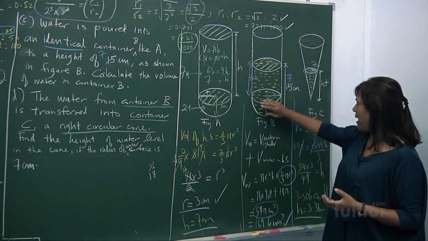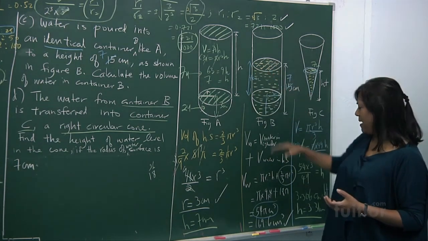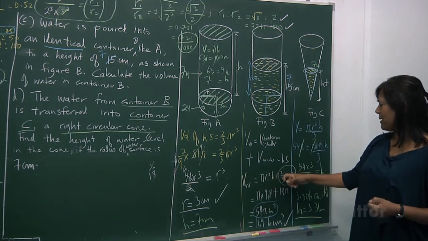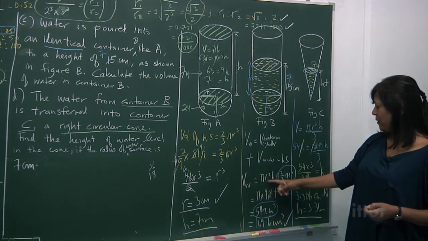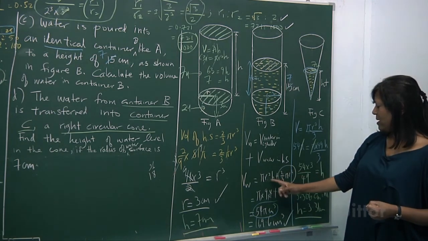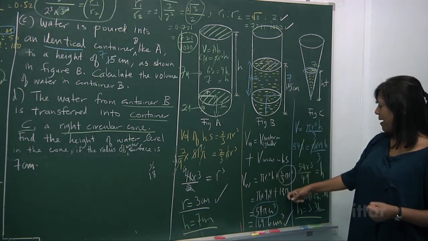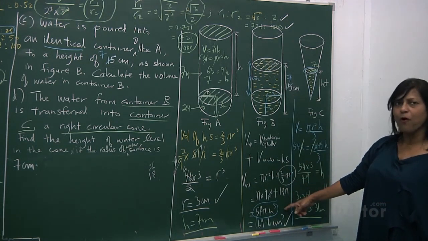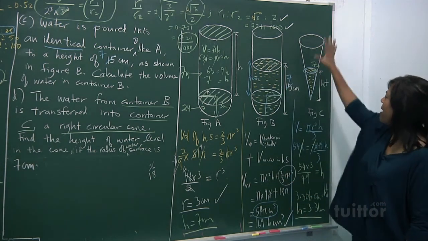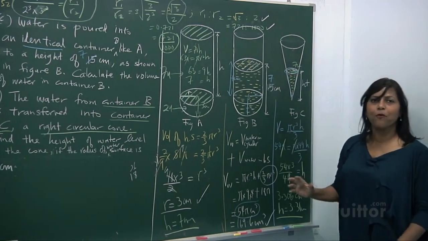So all we need to do is find this volume and add pi r squared h plus 2/3 pi r cubed, and we've got this beautiful answer. Radius 9 times 4, the height, 36 pi plus 18 pi, 54 pi, and that 54 pi is poured in here. This volume of this water is 54 pi.